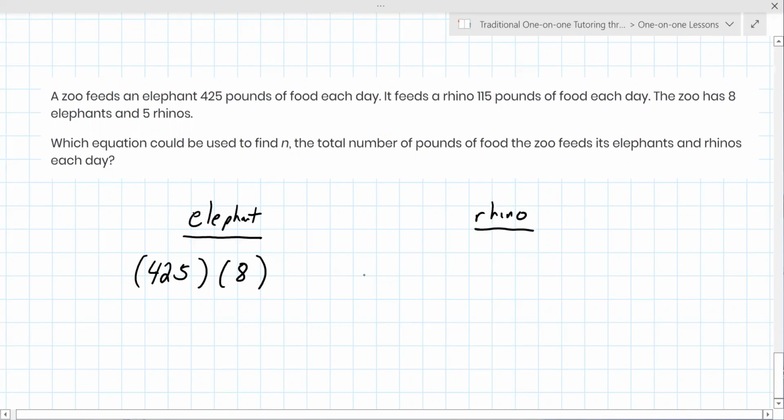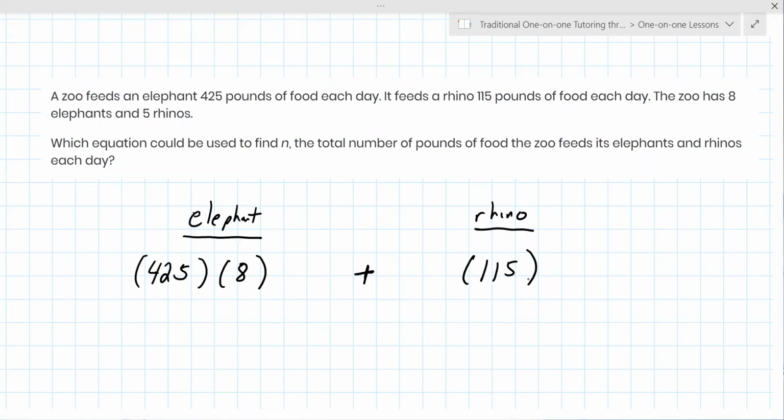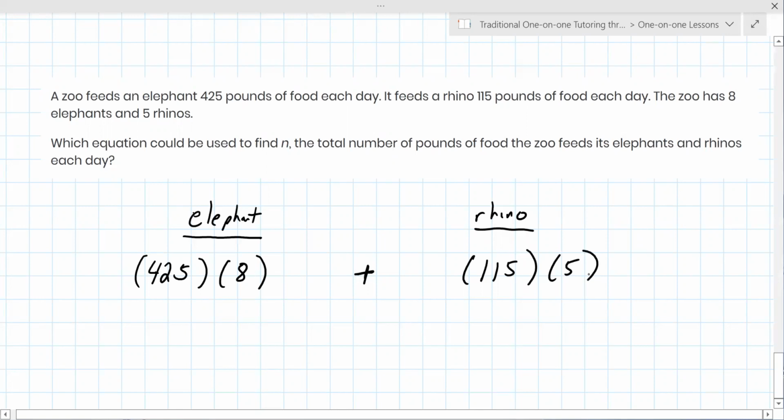But we also need to add the amount of food that the rhinos eat. So how much food does each rhino eat? 115. And how many rhinos are there? 5. Good. Now if we multiply each of these together and add up the answers, we get the correct number.